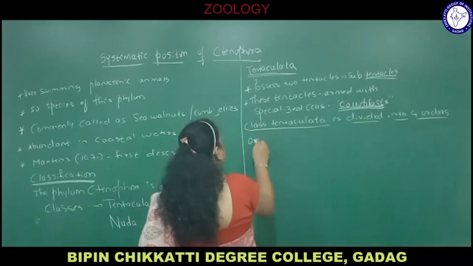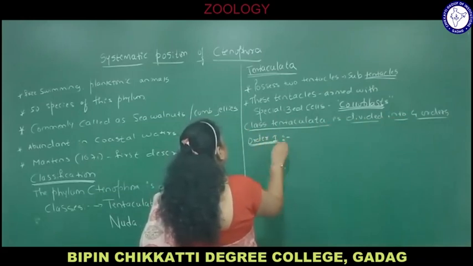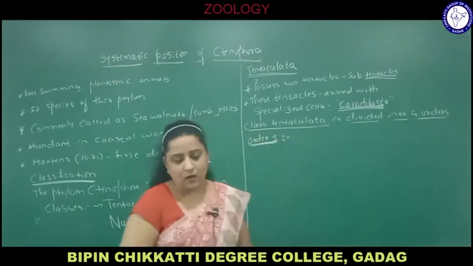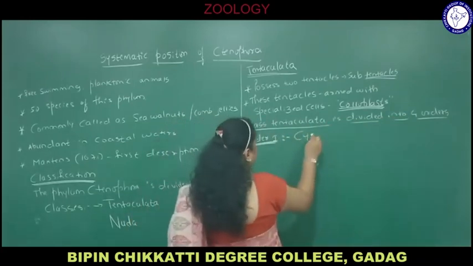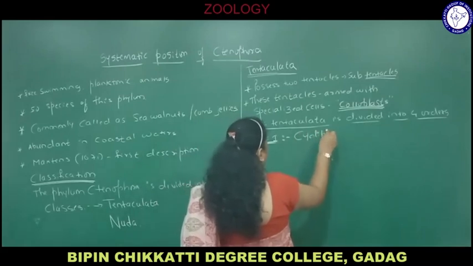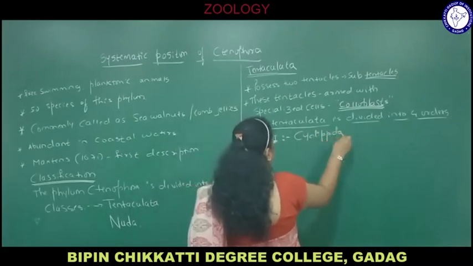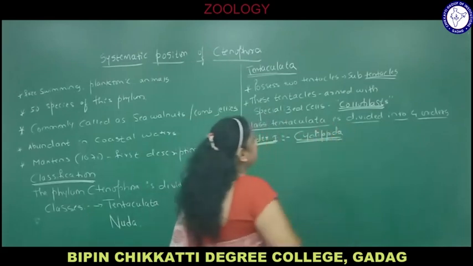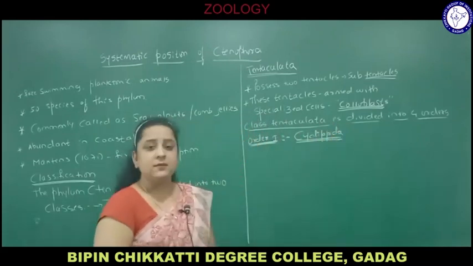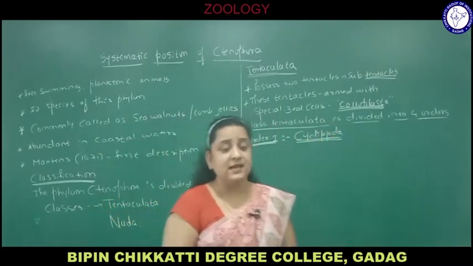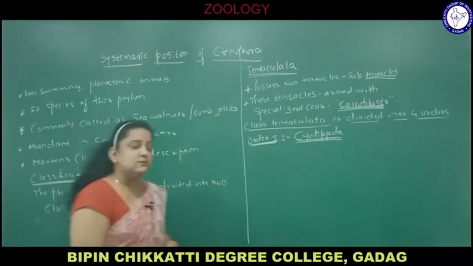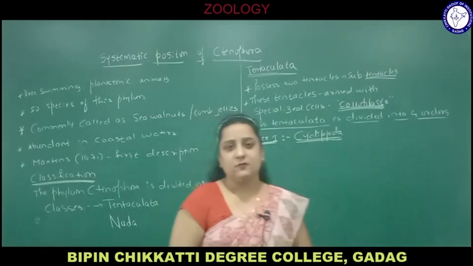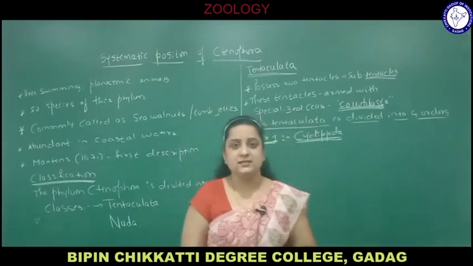Order number 1 is Cydipida. If you recall, what is cydippid? Cydippid is the name of the larva. As you know, the animals belonging to Ctenophora are hermaphrodites.